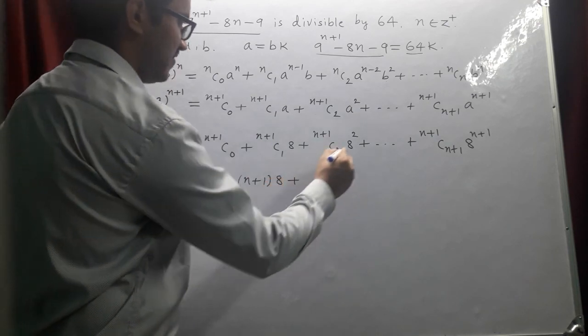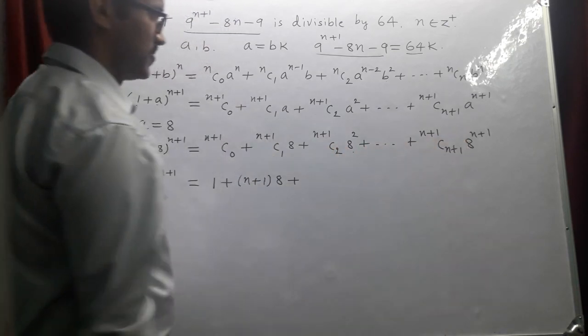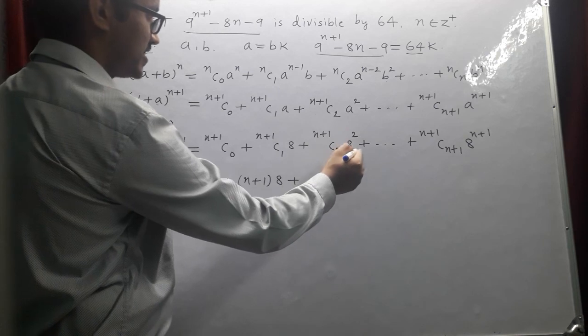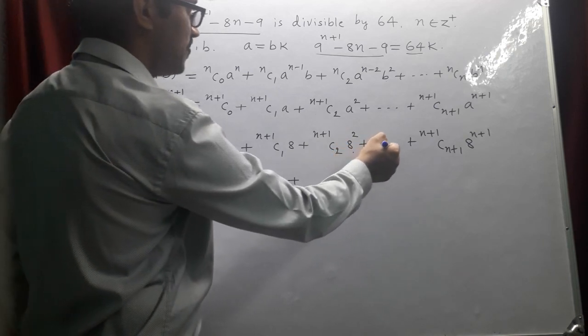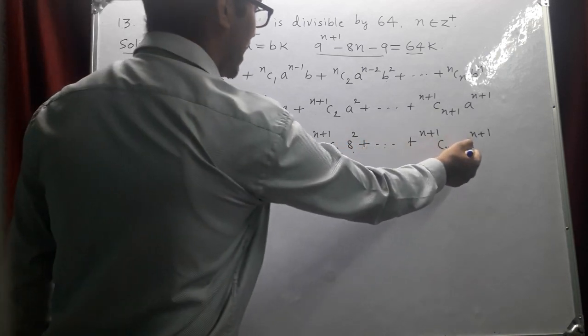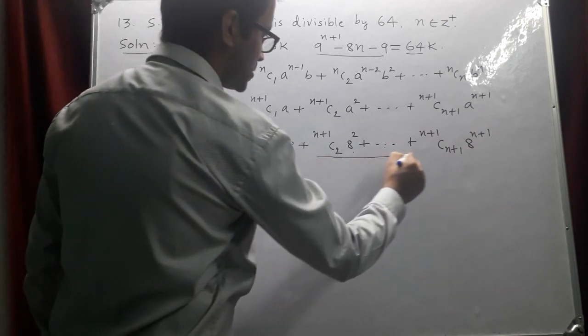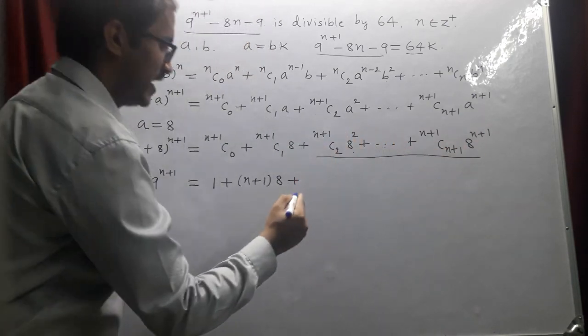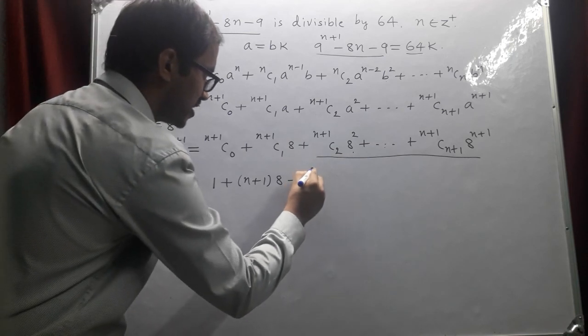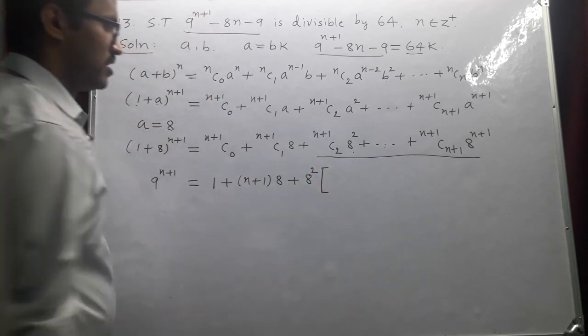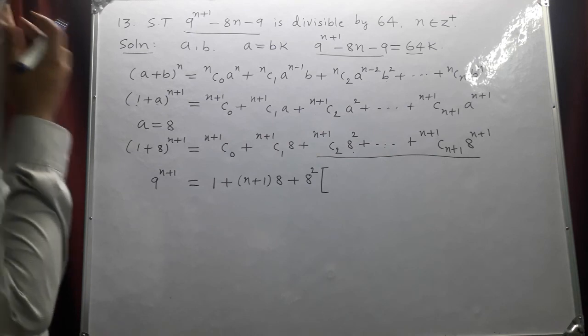Plus, from the next terms onwards we have 8^2, 8^3, 8^4, and so on up to 8^(n+1). From the remaining terms we can take 8^2 as common.